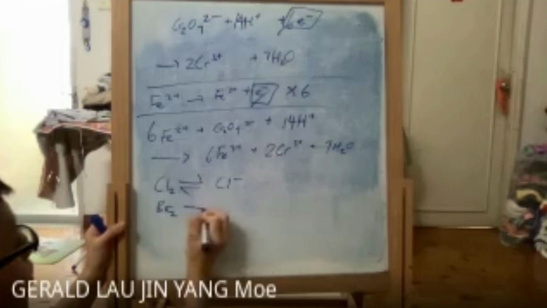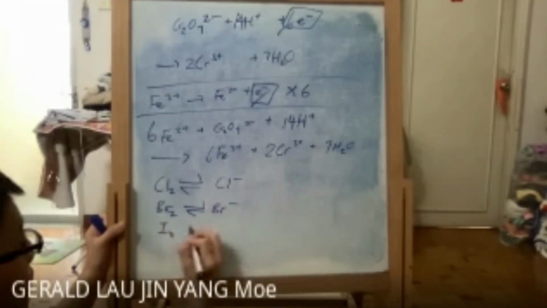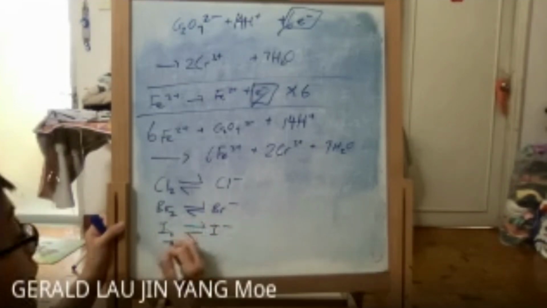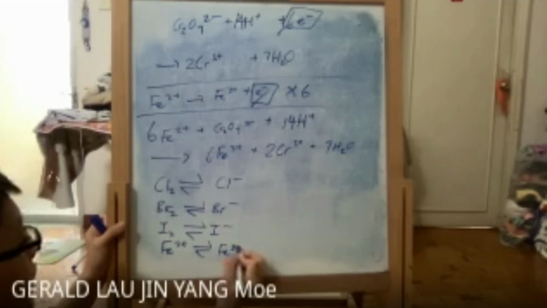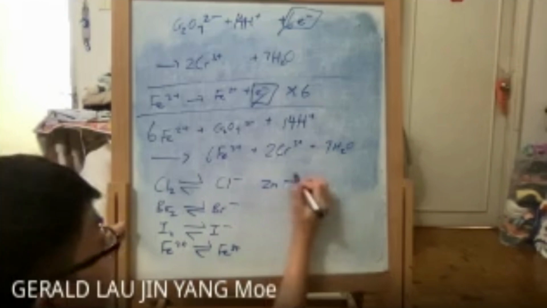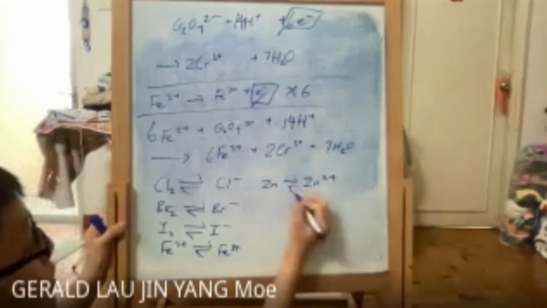Bromine, bromide. Iodine, iodide. Just now Fe2 plus, Fe3 plus. It's always like this. If metals like zinc, you see zinc as reactant, the product is confirm zinc 2 plus.